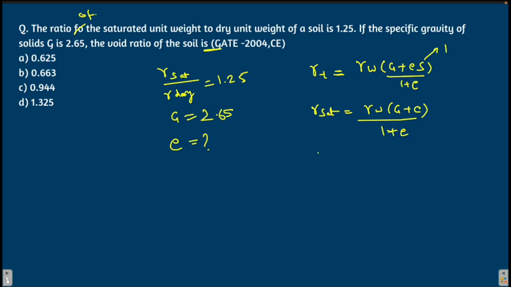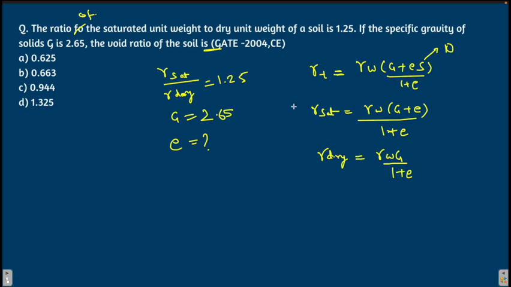And if the soil is completely dry, the degree of saturation becomes 0. That means S becomes 0, and the formula takes the form gamma w G by 1 plus e. So you don't have to remember all three formulas. You just have to remember one of them, that is gamma w into G plus eS by 1 plus e.